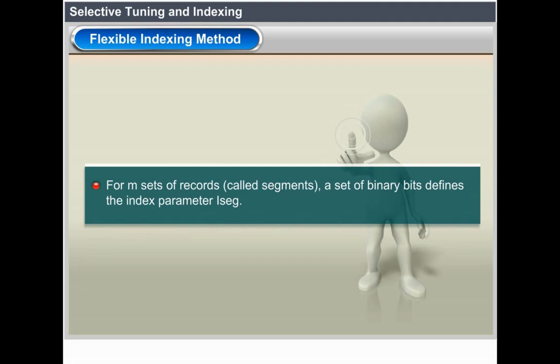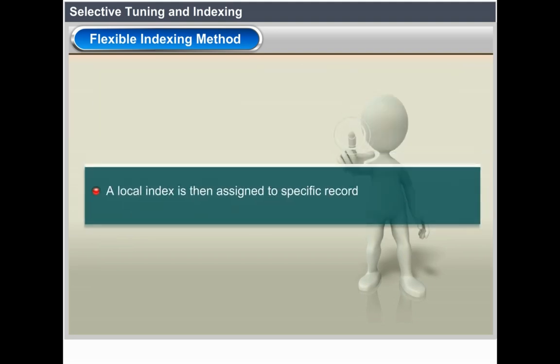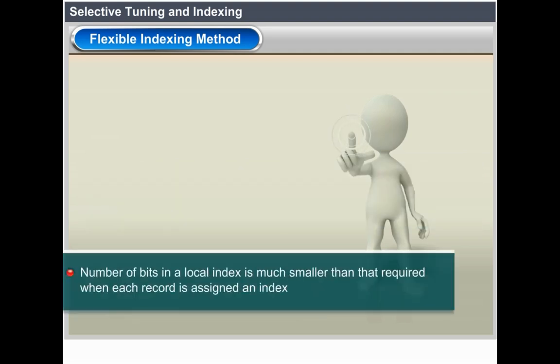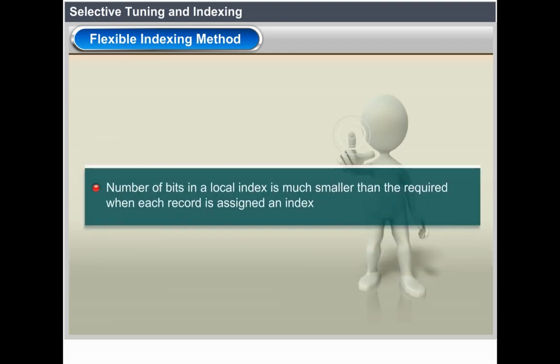For M sets of records called segments, a set of binary bits defines the index parameter ISEG. A local index is then assigned to a specific record. Only local index ISEG or IB is used in ILOC M. The number of bits in a local index is much smaller than that required when each record is assigned an index.